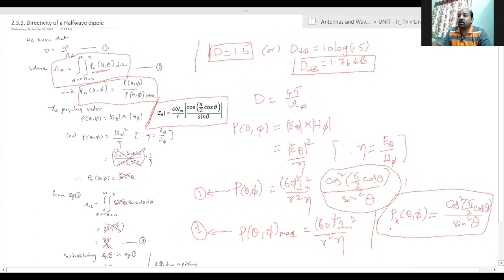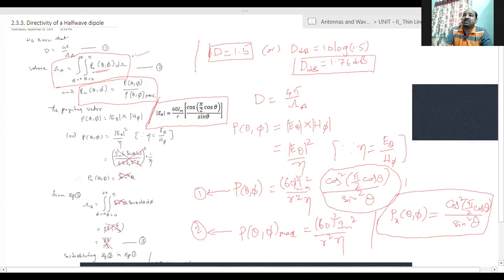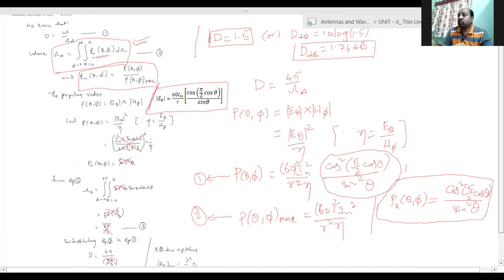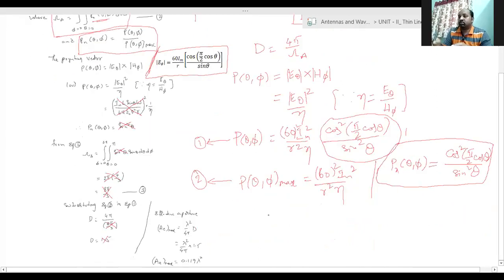Once you know the normalized power, you can substitute it in this equation and, integrating, you will get the beam area. Let me scroll down. So substituting that, what will we get?